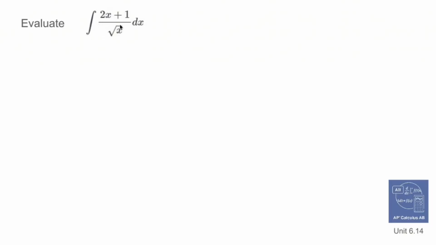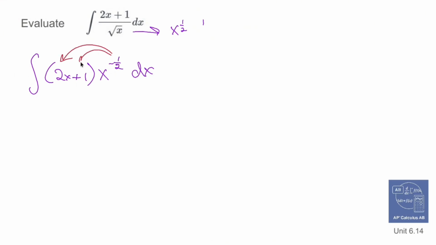Evaluate the integral of 2x plus 1 over the root x. I don't like it. So I'm going to rewrite it like 2x plus 1, but I'm going to take the fact that I know you're x to the 1/2 on the bottom, so moving it up top makes it x to the negative 1/2 up top, like so. I'm going to distribute that to both of these. So now I have, keep in mind, invisible 1, and when you multiply two x's, you add the exponents, so this becomes 2x to the 1/2 plus x to the negative 1/2 dx. Now I can integrate, okay?